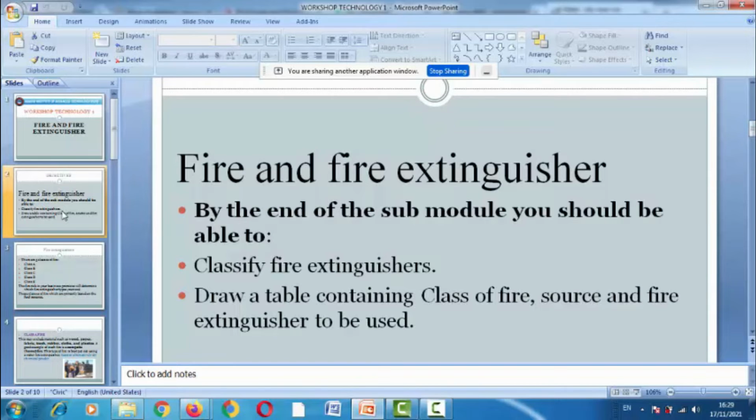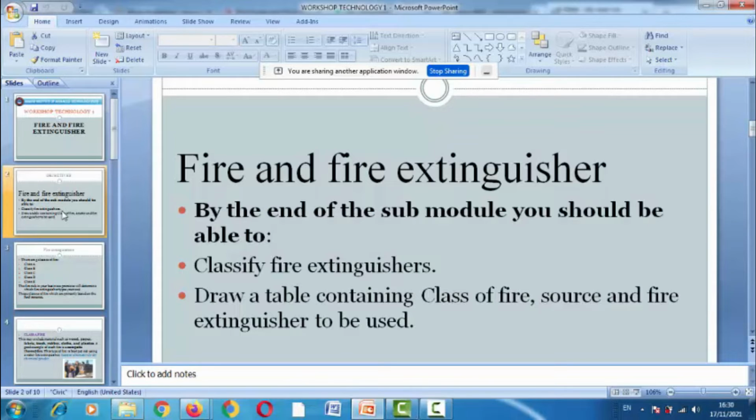Then another point: when it becomes a need, not all fires can be put off by water. I know we have been using water at home when we want to put off some fire. But there are some types of fire that when you put water, the fire may not go off because of the source of that fire.